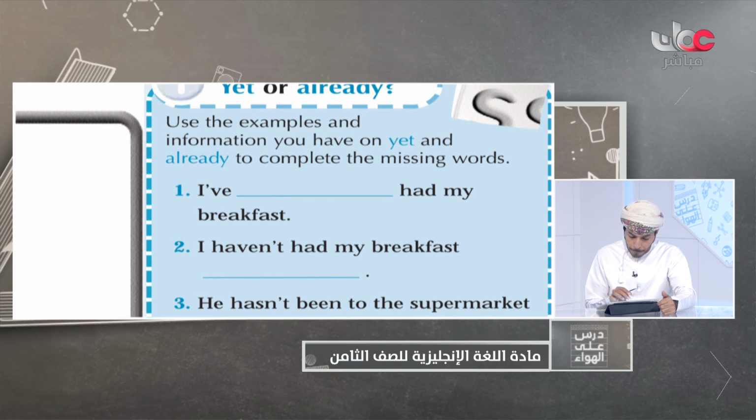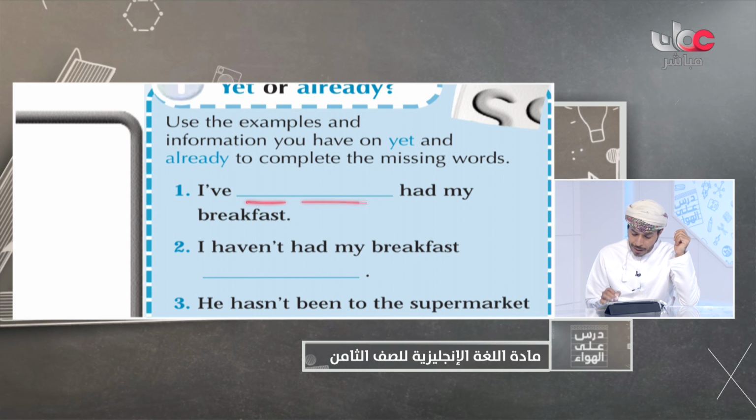Use the examples and information you have on yet and already. And I'm sure now you understand the use of already and yet. We use yet at the end, we use already in the middle. And they have different meanings. So, I have had my breakfast, meaning I ate my breakfast previously.